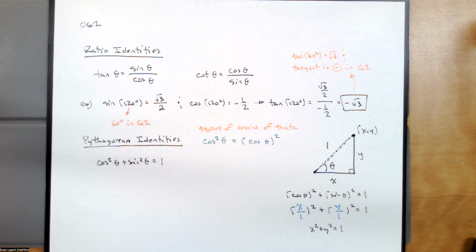That's the equation for a unit circle. The sum of the squares of the legs of a right triangle is equal to the square of the hypotenuse. So if we start with x squared plus y squared equals 1 squared, we trade x in for cosine, y in for sine. We get cosine squared theta plus sine squared theta is equal to 1.